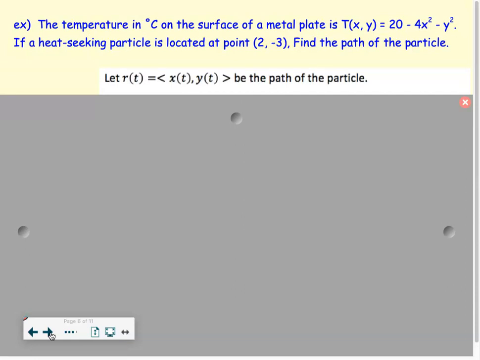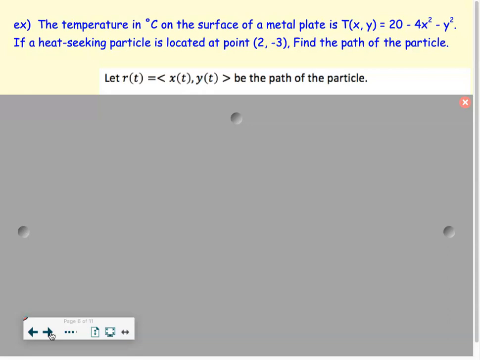We're going to let r of t, which is an x and a y, parametrically defined function, define the path of the particle. We don't know what that is. We know the gradient, but guys, the gradient isn't the path. The gradient just gives you the direction of steepest rate of change of temperature, think of it as degrees Celsius per centimeter.